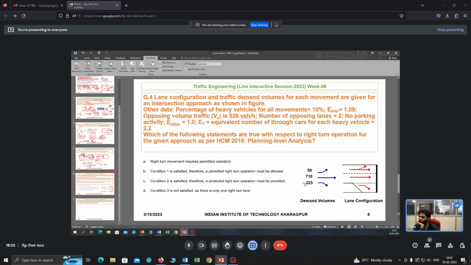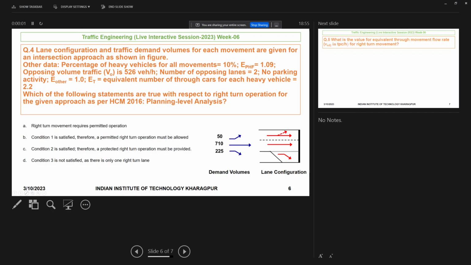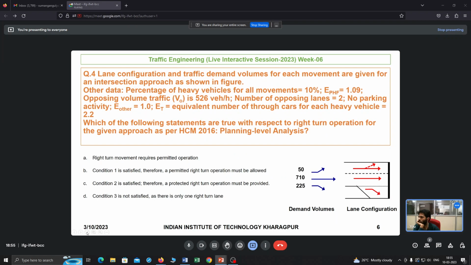So it is about this 225 volume. So which of the things is true? So right turn movements require permitted operation if it is greater than some value, then only you can see. So it is not greater than 260, so it should not actually.